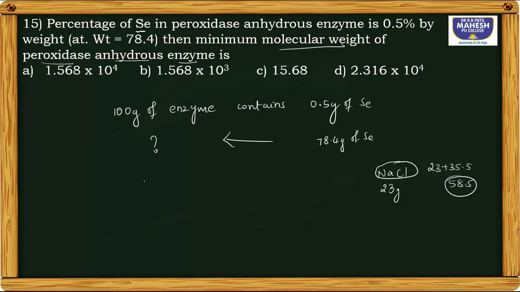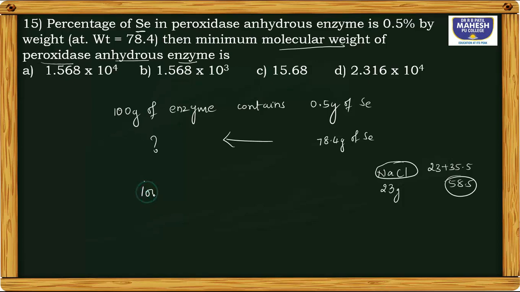So if I say that 23 gram of sodium is present in sodium chloride and ask you to find its molar mass, you know that 23 gram is the atomic mass of sodium present in 1 mole of sodium chloride. So you need to find the molar mass of sodium chloride. Simple. Like that you have to do. So 78.4 gram is the atomic mass of selenium, and it is present in how many gram of enzyme? If we find that out, it itself is the molar weight of the enzyme.